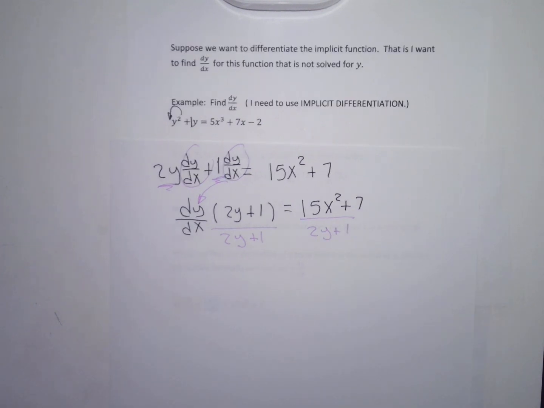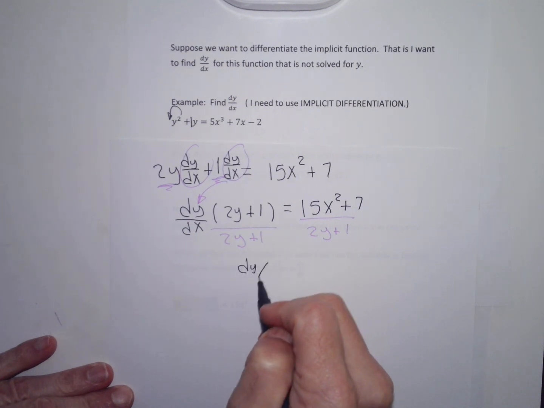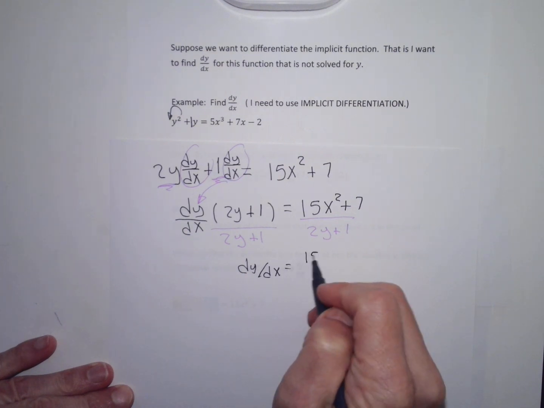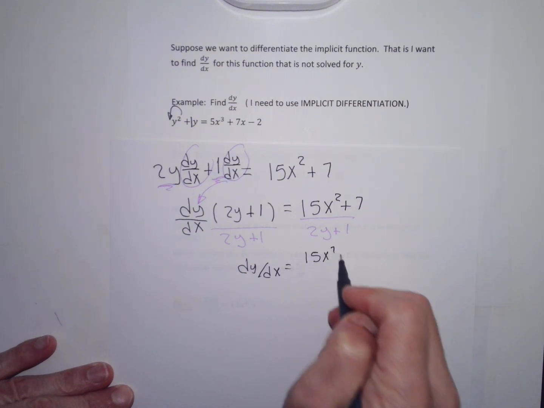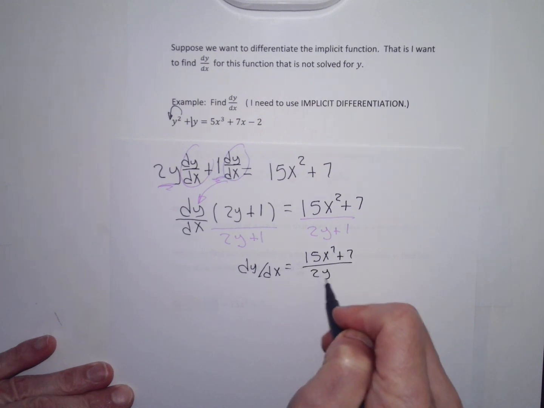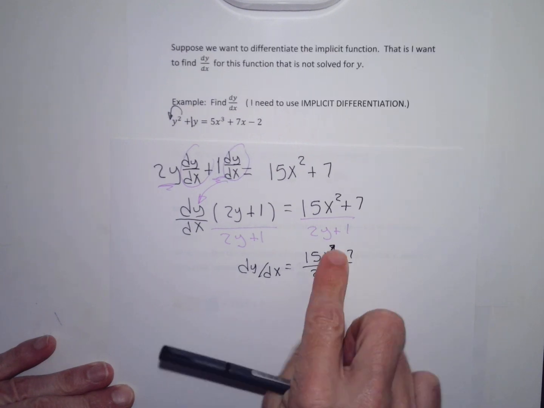And the derivative of this function that wasn't explicitly solved for y, which I could write y prime if I care to, is going to be (15x squared plus 7) over (2y plus 1). This fraction could only reduce if the denominator canceled with the numerator.